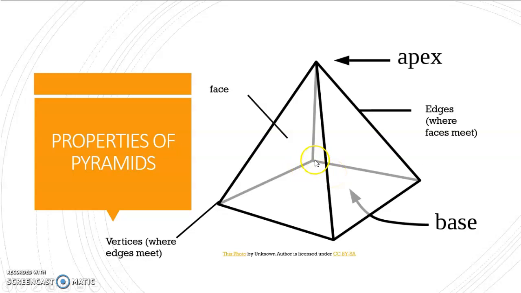If we look at our vertices, we have the 1, 2, 3, 4, plus 1 at the top is 5. So we have the same number of faces and vertices in a pyramid. Our edges will be the one at the back, 1, 2, 3, 4, and then 5, 6, 7, 8. So our edges will be double that of our base side numbers.